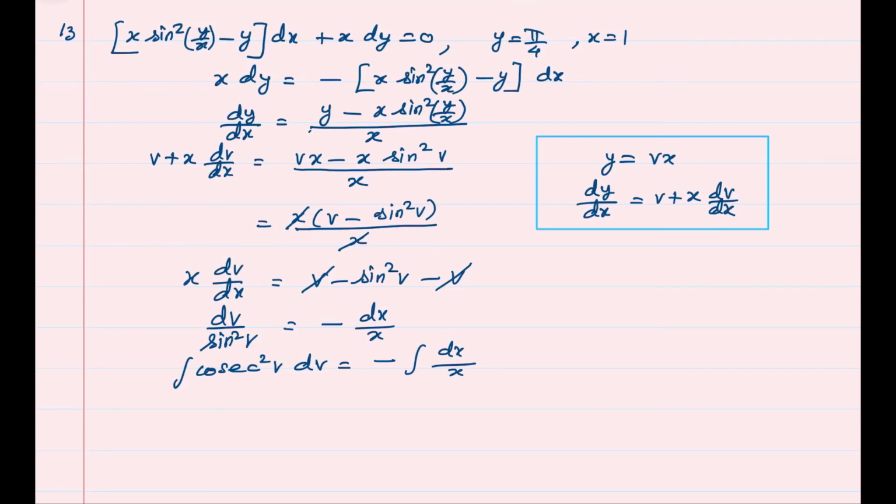The integral of cosecant square is minus cot v, equal to minus log of absolute value of x minus c, so that we can cancel the negative sign throughout. We will substitute for v. v is y by x, so cot of y by x equals log of absolute value of x plus c.